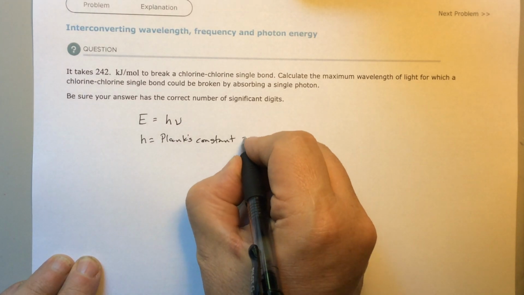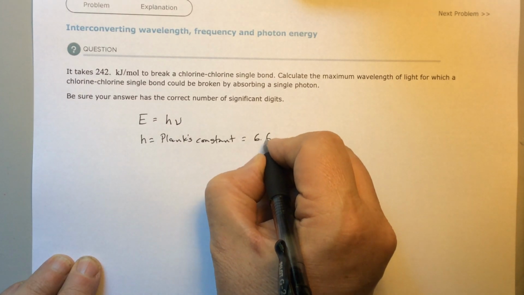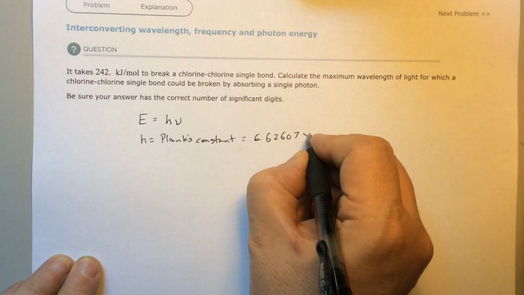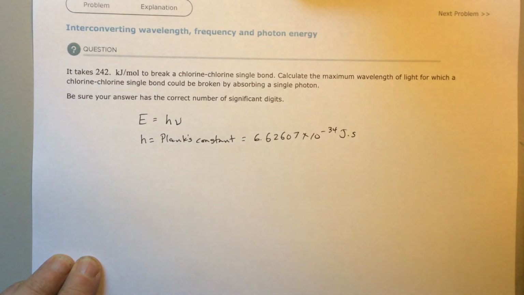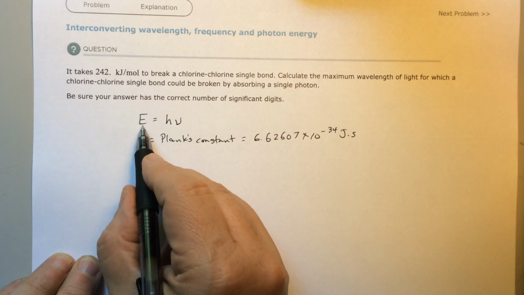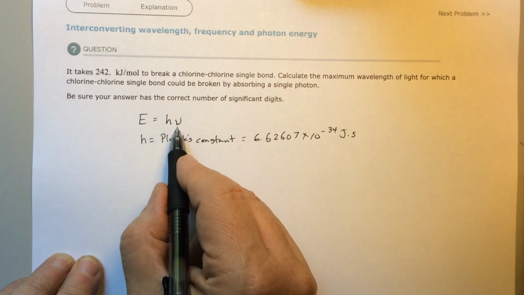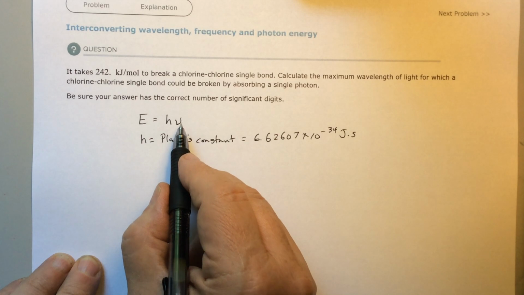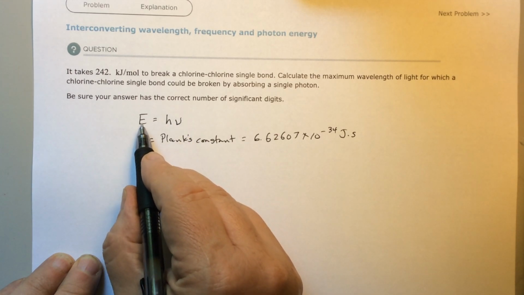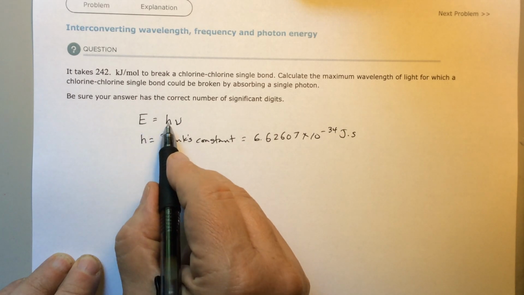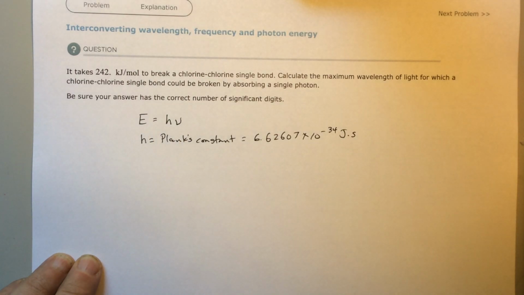Planck's constant is equal to 6.62607 times 10 to the minus 34 joules times seconds. So energy over time. It's the number that makes this relationship work, so that you can relate the energy of one photon to the frequency of light of that photon. That's what Planck's constant is.